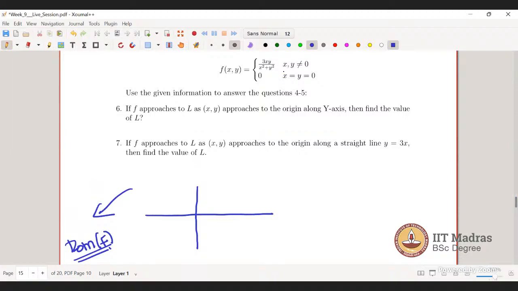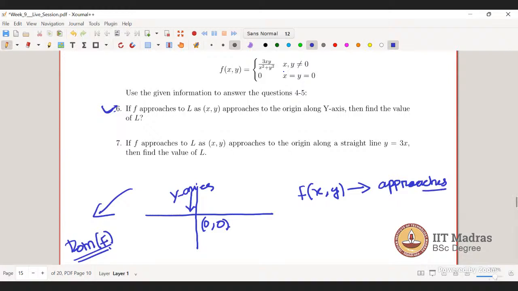So it's saying that if you come to this origin, the first question is saying, if you come to origin along this y-axis, then what will be the value of? So if you are coming to origin along y-axis, then where f of x comma y approaches.